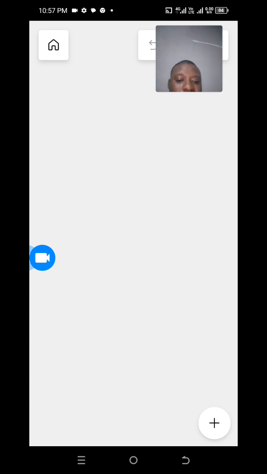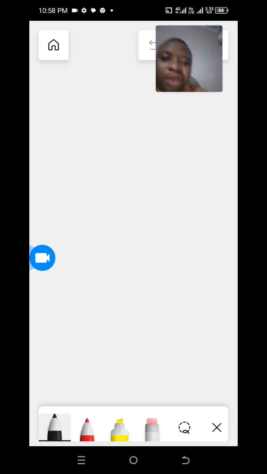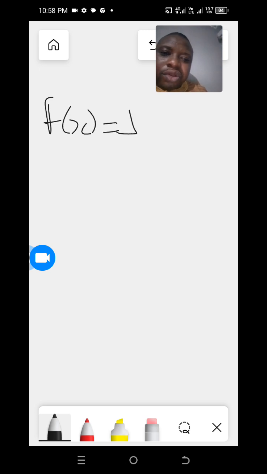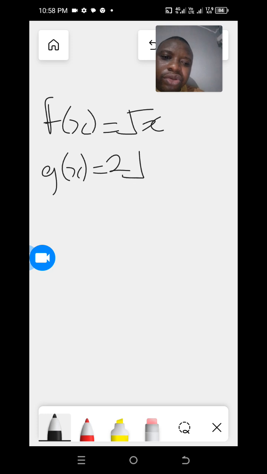So let's quickly answer that question by writing the function. We have f of x equals square root of x, and g of x equals 2 root of negative x plus 3, minus 1.